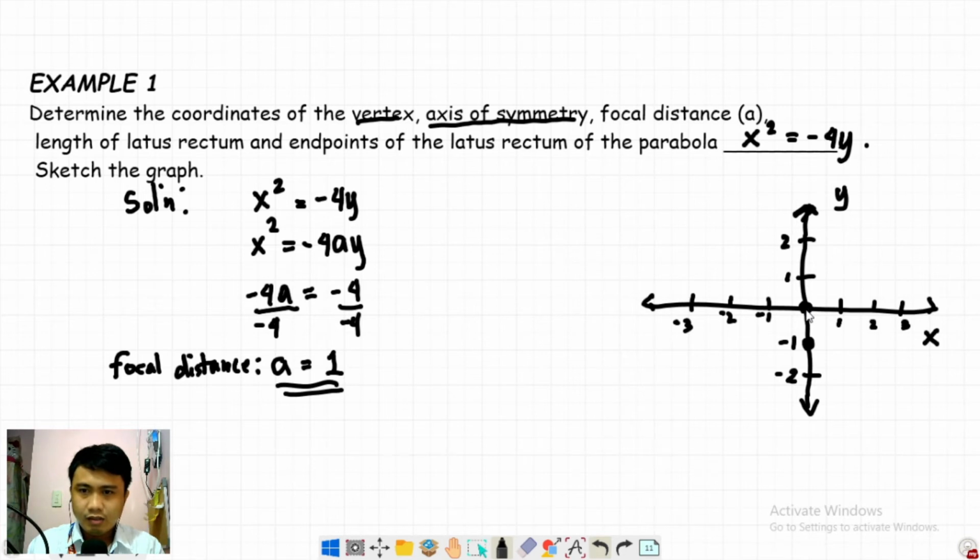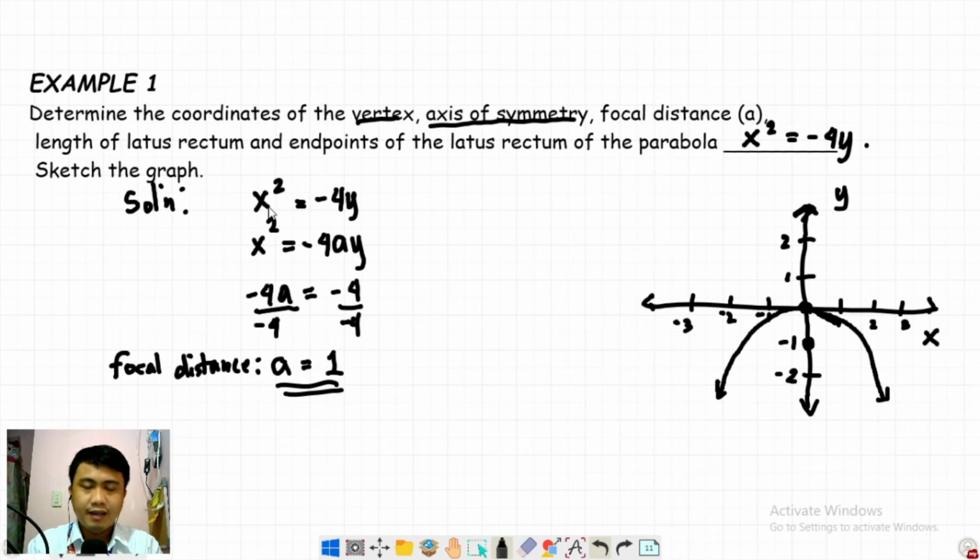So, we can now draw our parabola opens downward. Diba? Why? Because unang titignan ulit pagka ang x ang naka-squared, naka-negative dyan. Pag x ang naka-squared, ang option mo, it's either opens upward or downward.